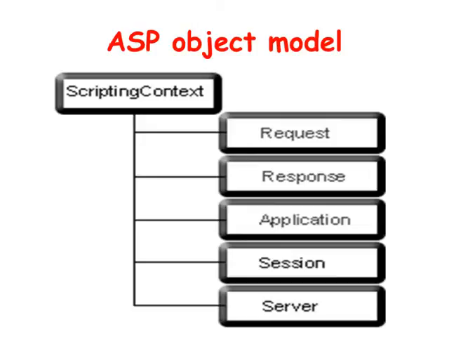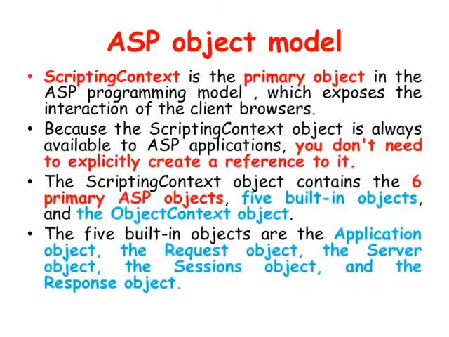So here we have specified hierarchically 5 built-in objects, that is request object, response object, application object, session object, server object. These 5 are built-in objects. Then the next, the context object, that is the 6th object.